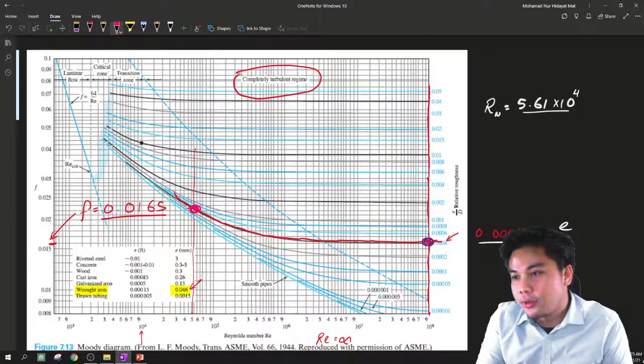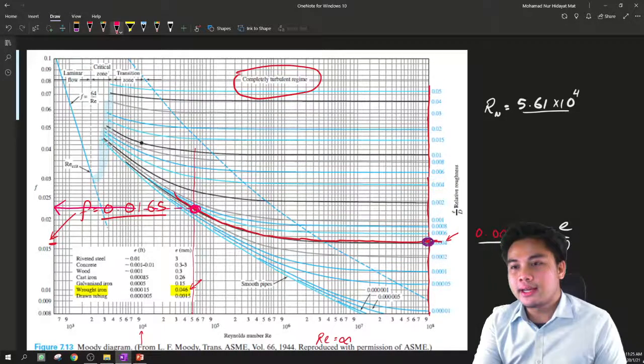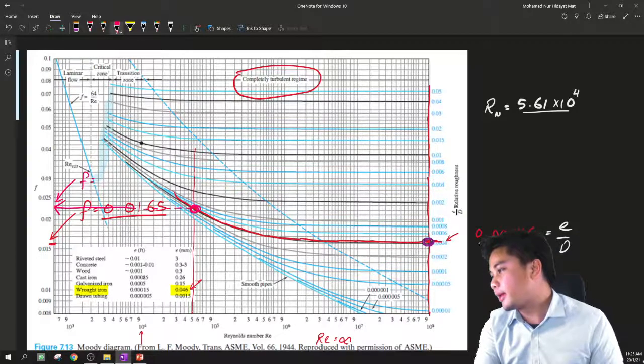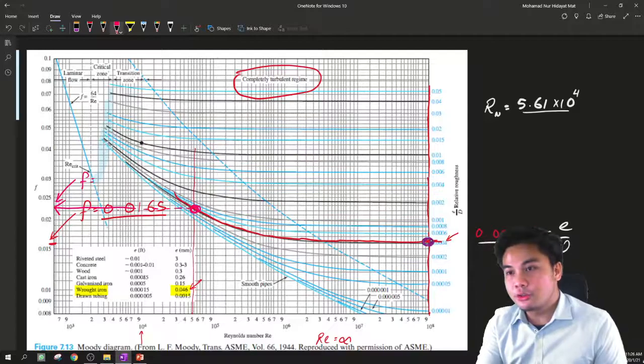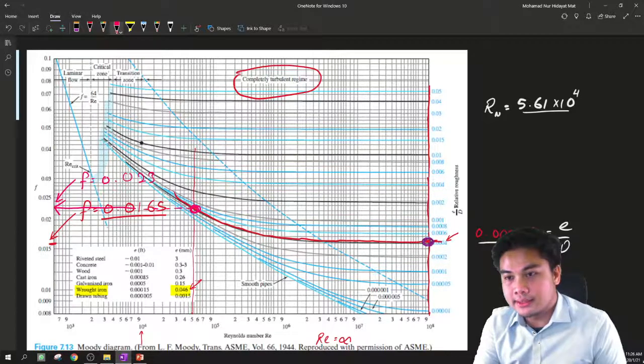So directly look up the value of F. And then you will realize that your F is actually 0.023, because this is 2, 1, 2, 3.